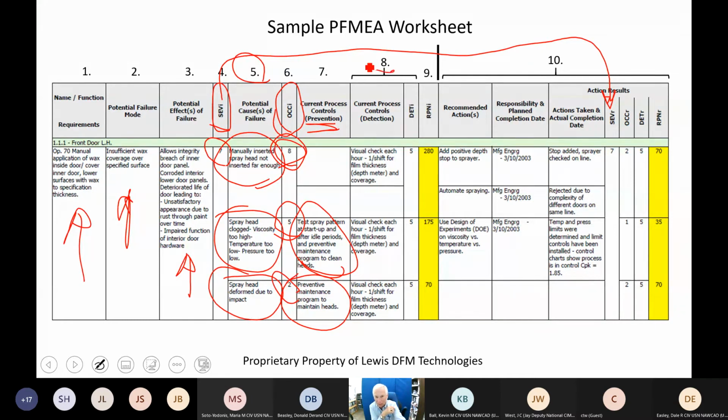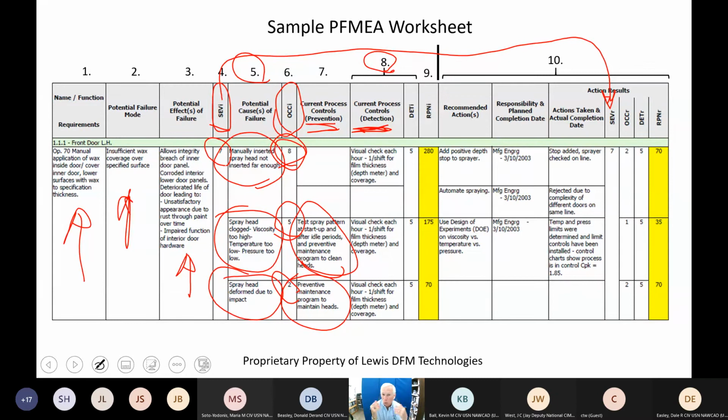Then we move on to step 8, where we look at the current process control and some recommendations. I'm sorry, not recommendations, some things that we can do for detection. Okay. And that's why it's current process controls from a detection standpoint.